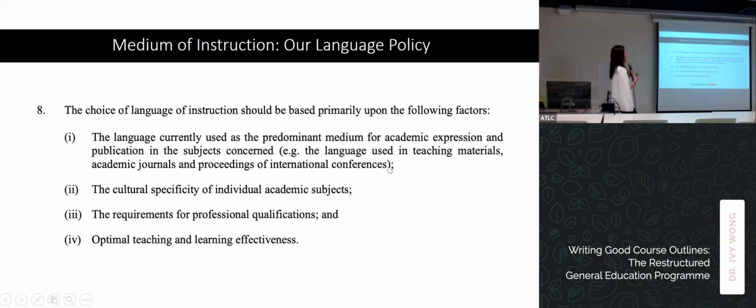And finally, I think this is very important, is the optimal teaching and learning effectiveness. And for this, it's not just one particular group of students. If we think about it, the general education program is for all students of the university. So it involves Cantonese speakers, Mandarin speakers, non-Chinese speaking learners, because the school is now recruiting more students from these communities, and we have to pay particular attention to that.